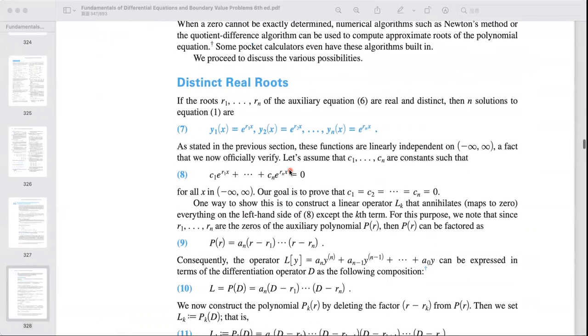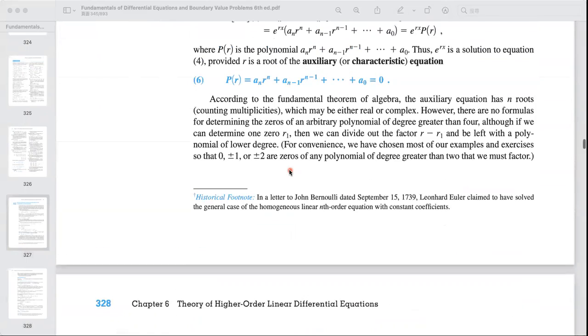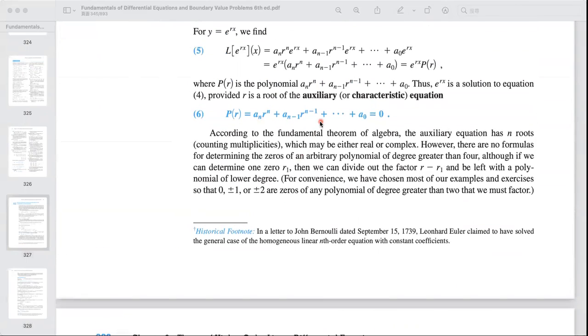So this is case one, when the roots of the auxiliary equation are all real and distinct roots. And for the other two cases, we will talk about that in the next video. Okay, so let me turn this off.